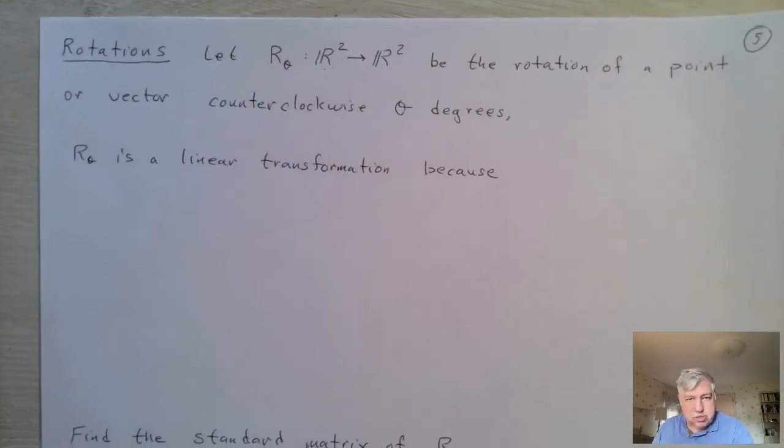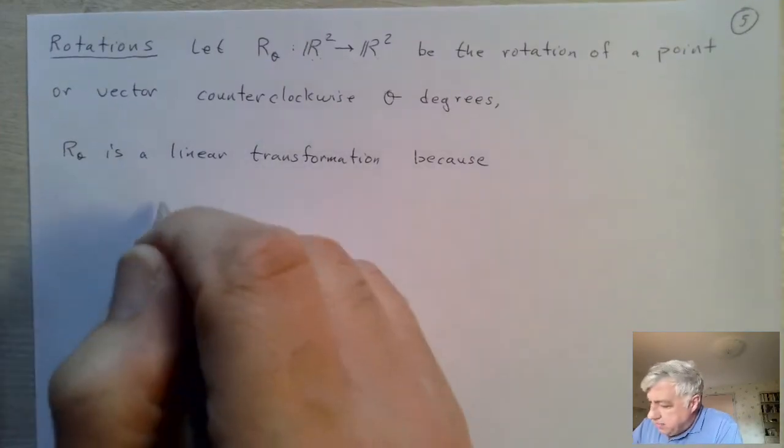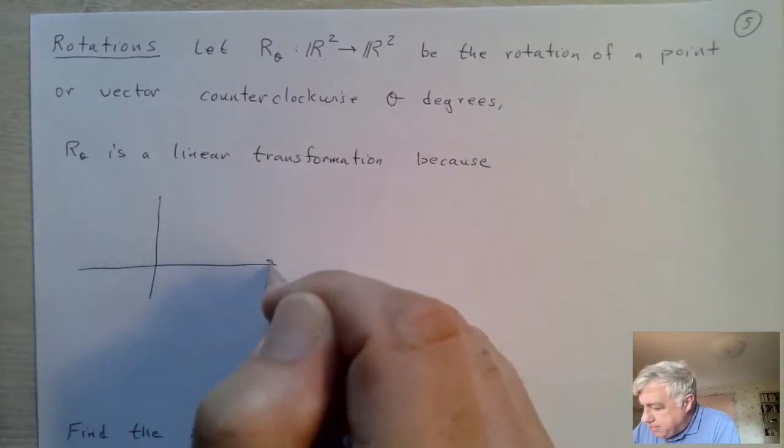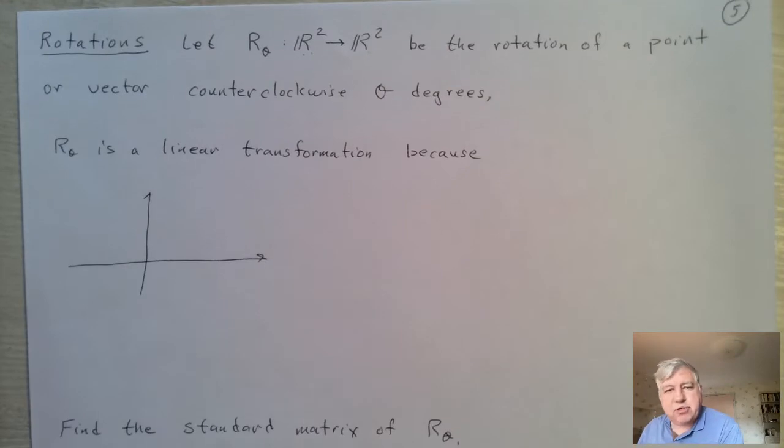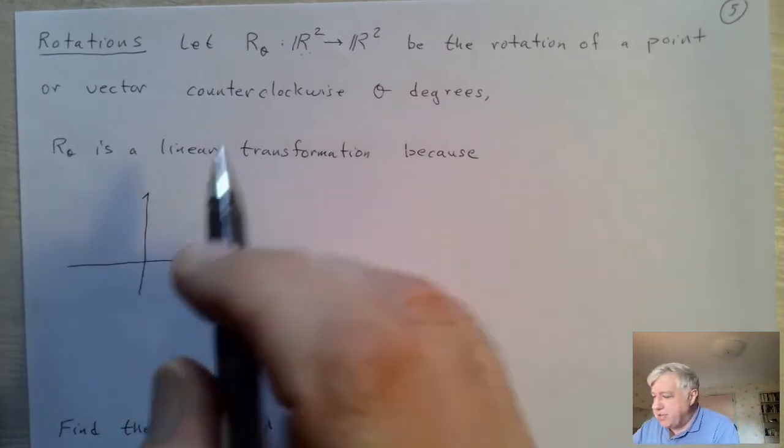Okay, so before we calculate the standard matrix for this, why is this a linear transformation? Can we do this without bringing matrices in yet? Well, remember, the first thing we want to show is that it preserves addition.